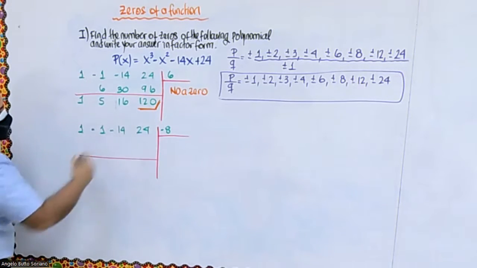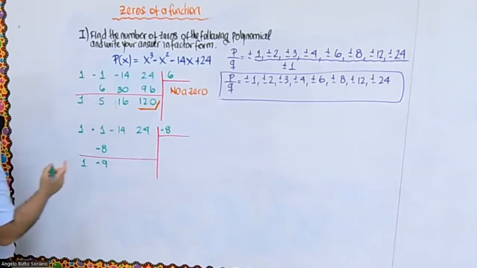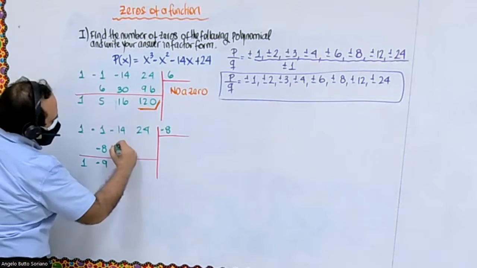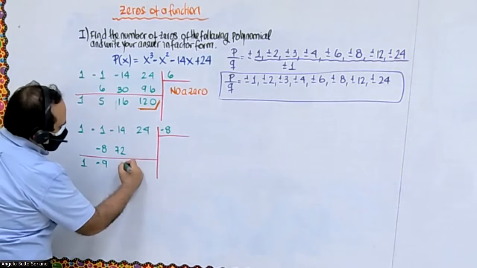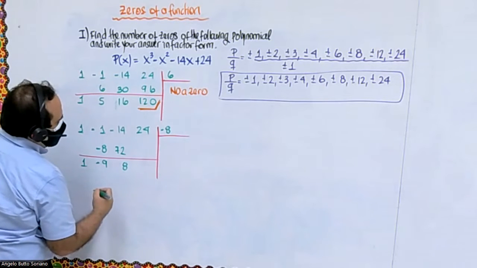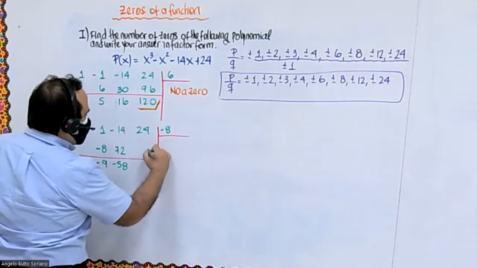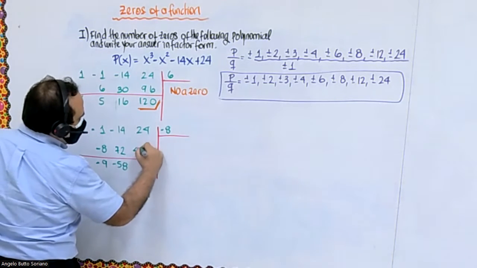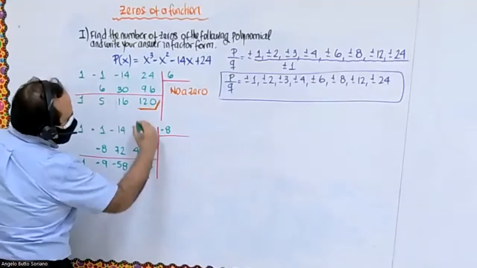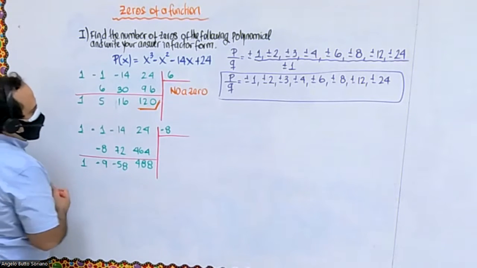1 over here, 1 times negative 8, negative 8. Negative 8 minus 1 is negative 9. Negative 9 times negative 8 is 72. 72 minus 14 is 58. Negative 8 times 58 is negative 464, plus 24 is negative 440.